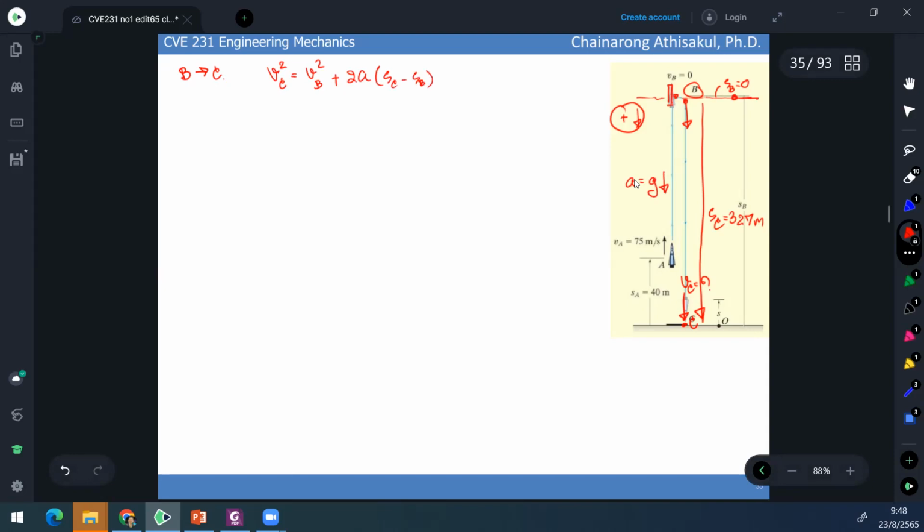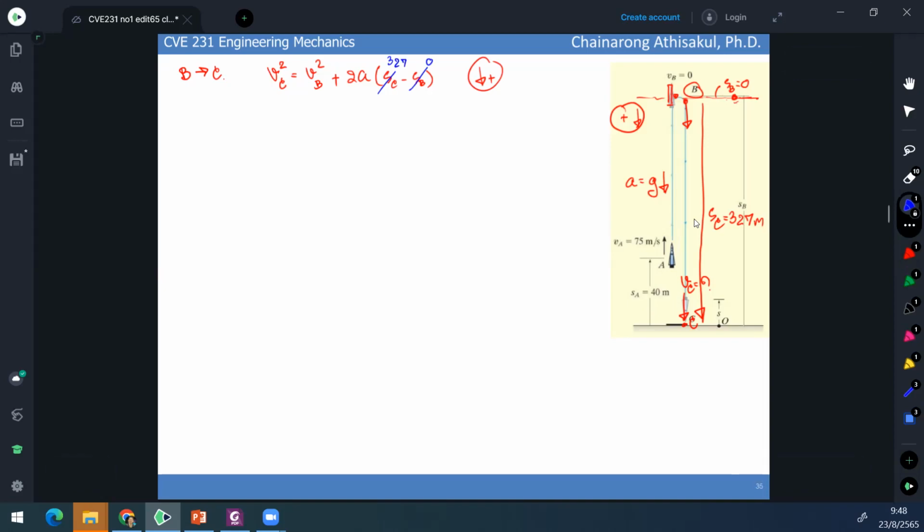Because we consider point B to point C, the rocket tends to go down, so we set down as positive. With the starting point at point B, SB becomes 0 and SC becomes 327 instead.